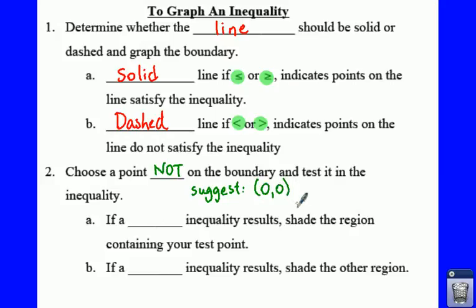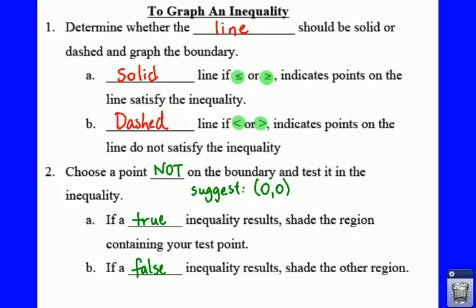As long as it's not on your boundary line, that should be okay. Test in the region. If a true inequality results, then shade the region containing your test point. So if you plug in 0, 0 and your inequality is true, then you would shade that region. If you get a false inequality, then you need to shade the other region.